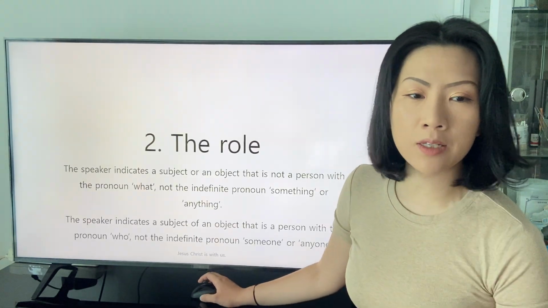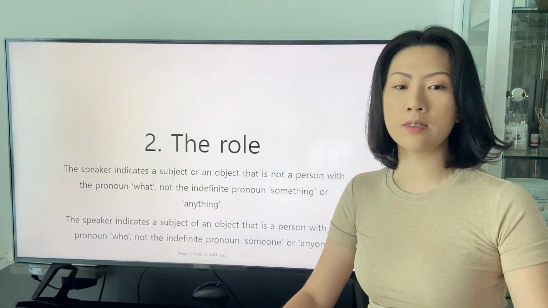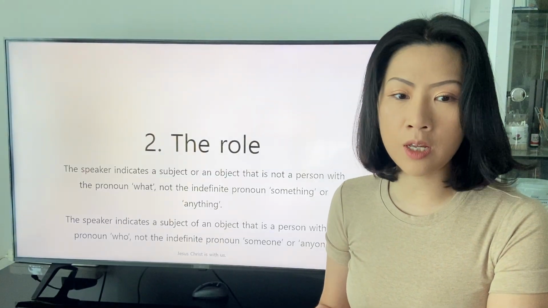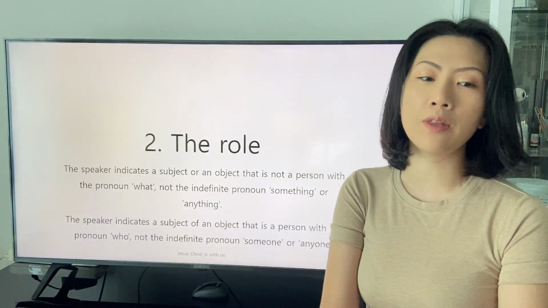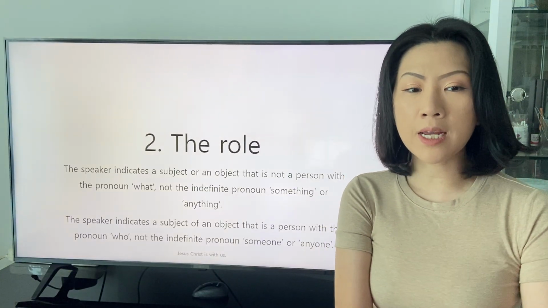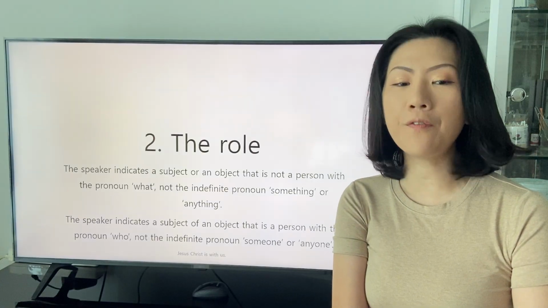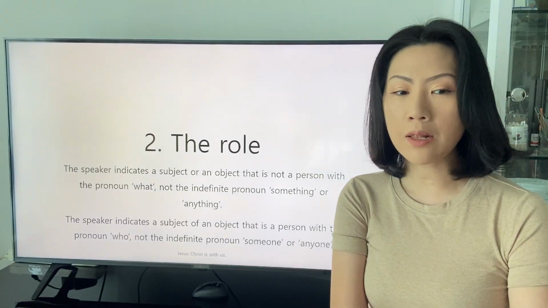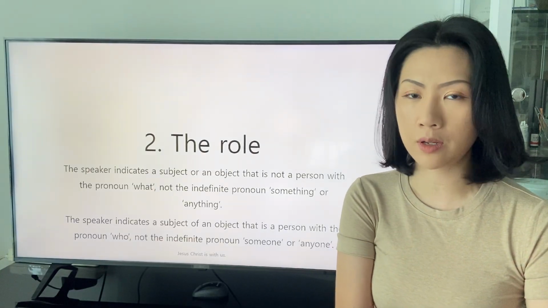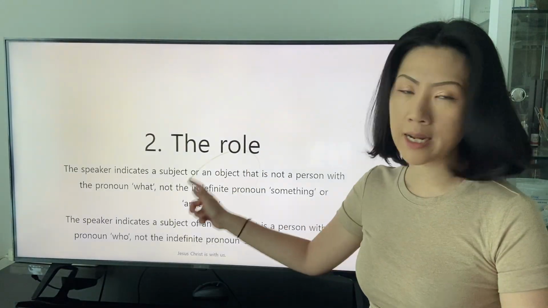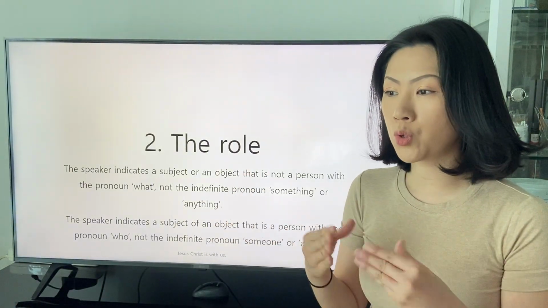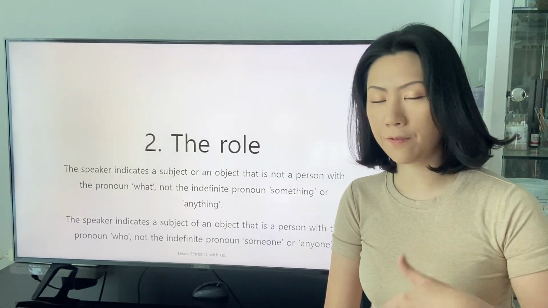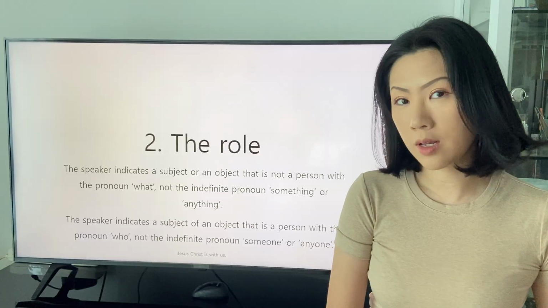The speaker indicates a subject or an object that is not a person with the pronoun what, not the indefinite pronoun something or anything. The speaker indicates a subject or an object that is a person with the pronoun who, not the indefinite pronoun someone or anyone. This explanation is about the sort of the subordinating conjunction.